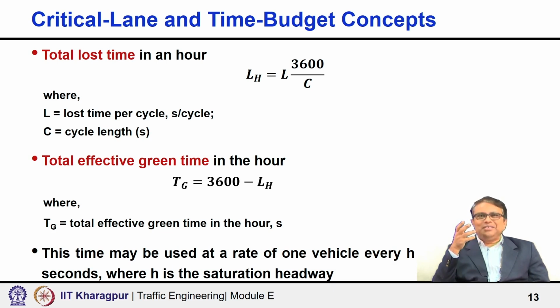It is simply at the rate of H, the saturation headway. So, this whole Tg time may be used at a rate of 1 vehicle per H seconds, where H is the saturation headway. That much discharge I can do. I can process that many vehicles, correct.